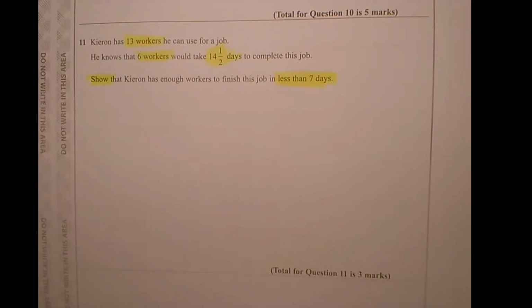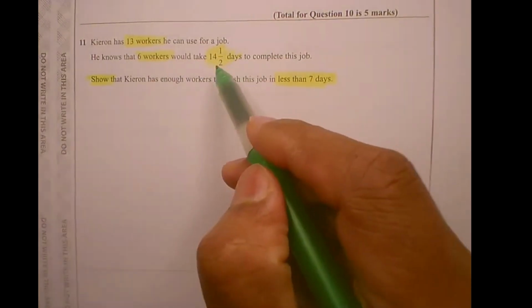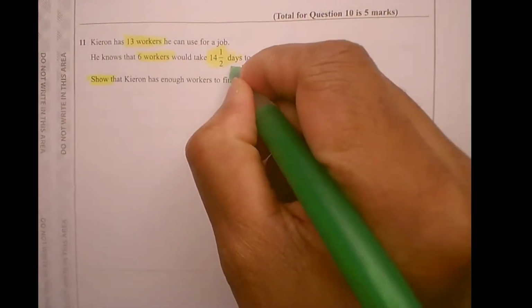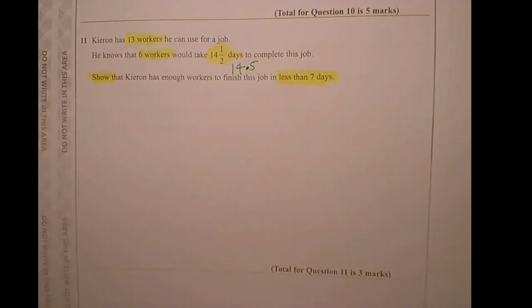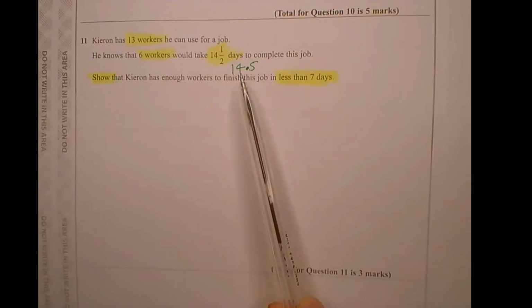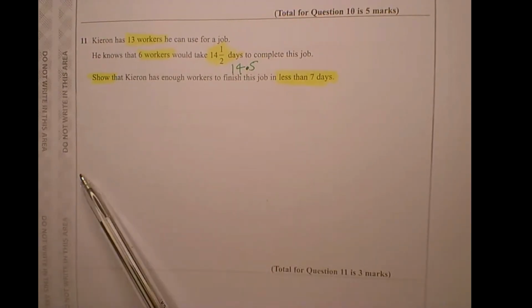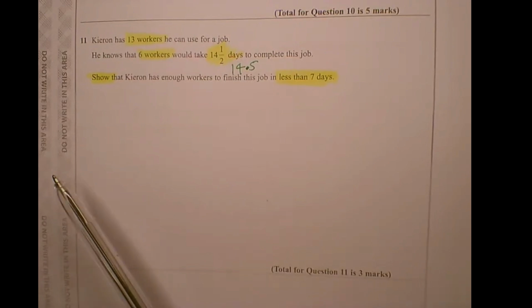Okay, so let me start off with what I already know. So first of all, 14.5 as a decimal can be 14.5. That's the first thing, because sometimes people can make a mistake with that. So I'm going to make sure I have highlighted this as 14.5. Now I'm going to work out what the total time is.